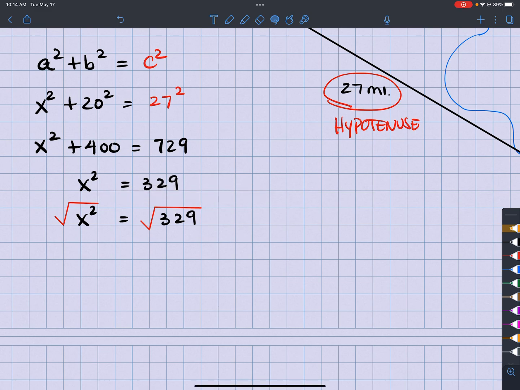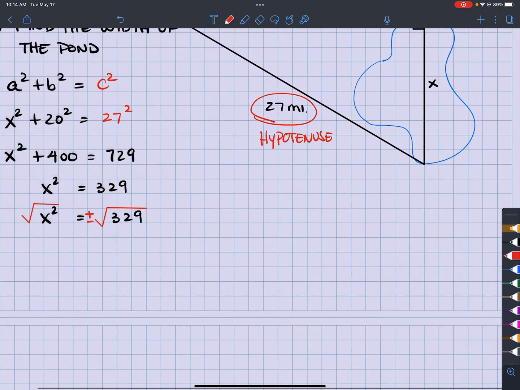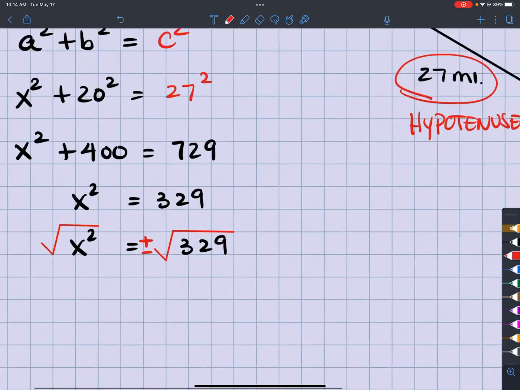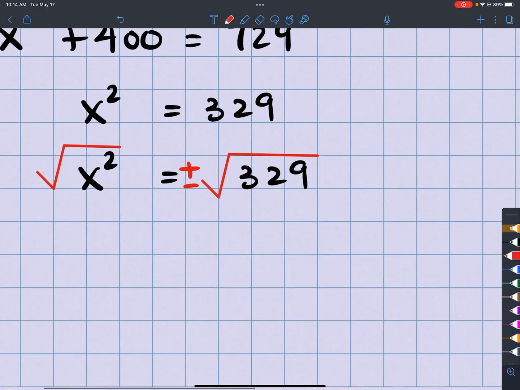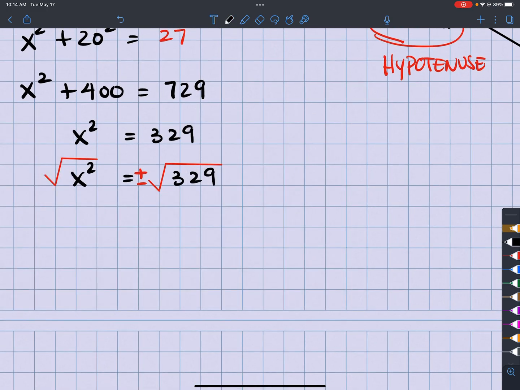Typically, there is going to be a plus and minus that I have to add on here. Every time you take a square root, you have to have a plus and minus.